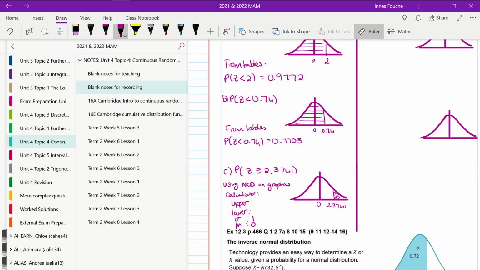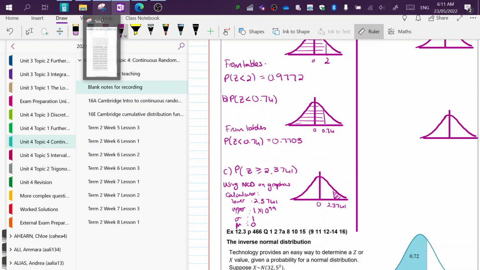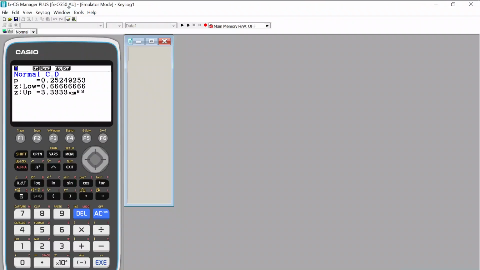I'm going to go lower, upper, so let's try and keep it in the same order as the calculator has it. So our lower value now is 2.3741, and we're wanting to go all the way up to infinity, so 1 times 10 to the 99. I think the calculator goes to 9 times 10 to the 99 as well. Alright, so let's put that in.